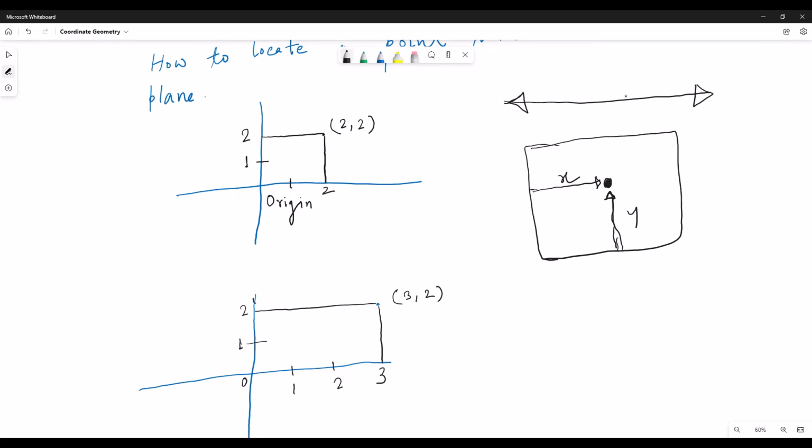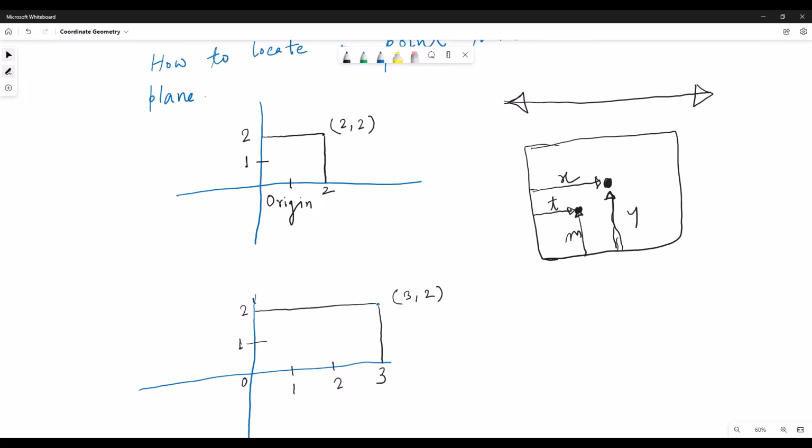If we say the point is t unit away from the left edge and m unit away from the bottom line, you can uniquely identify this point.